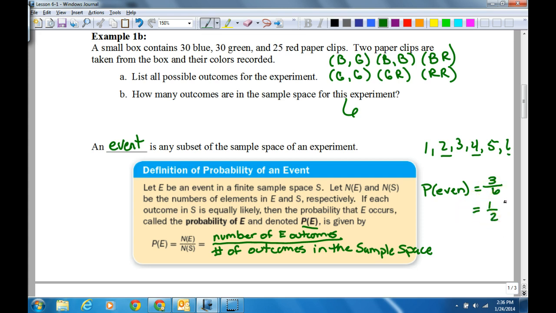Notice that the 3 is the possible E outcomes, and the bottom is the total outcomes. The 3 was the number of evens: I can get a 2, a 4, or a 6. If we got this problem on the test, would you want us to keep it at 3/6 or reduce? You would probably reduce it.